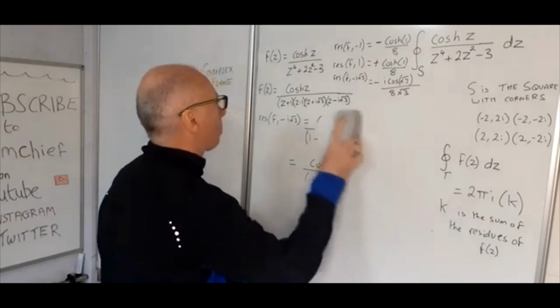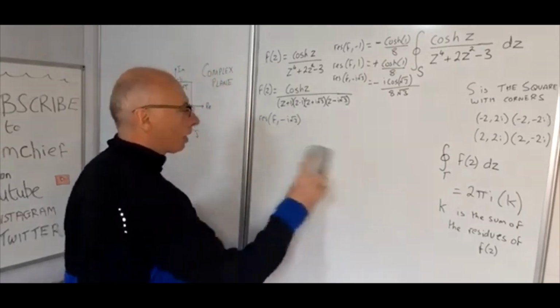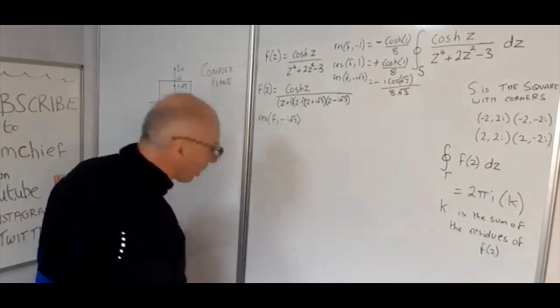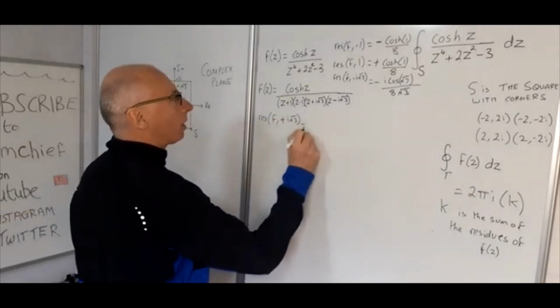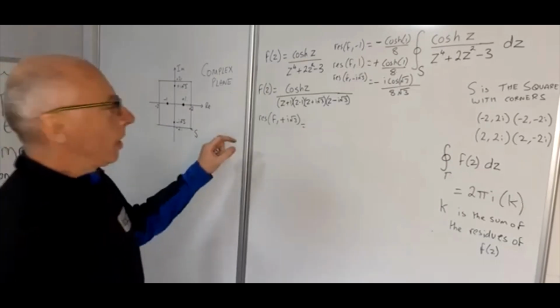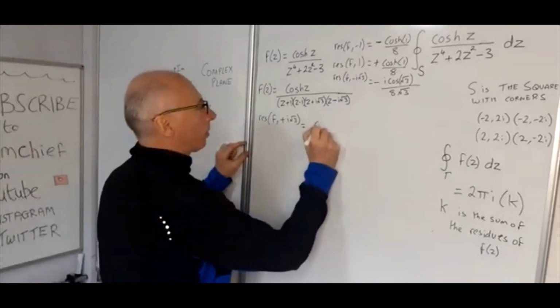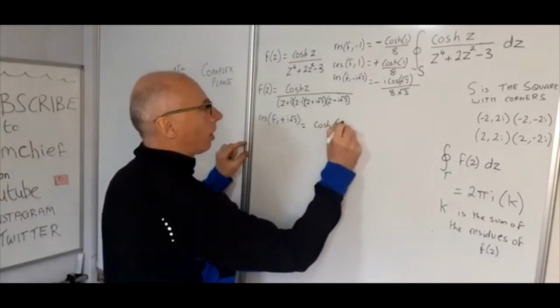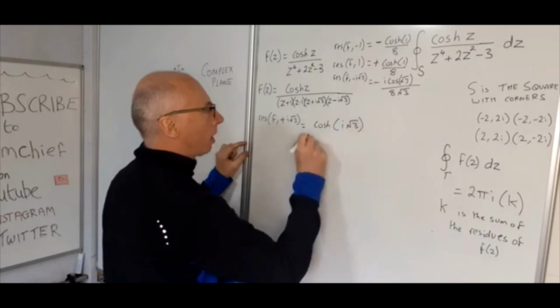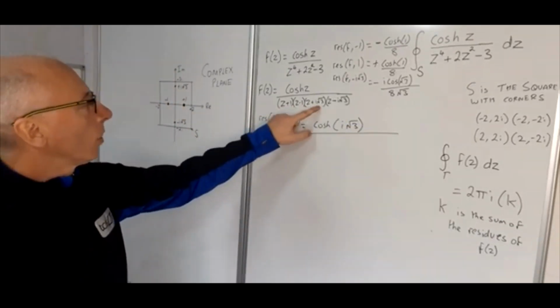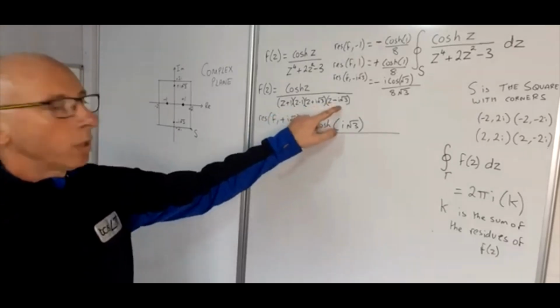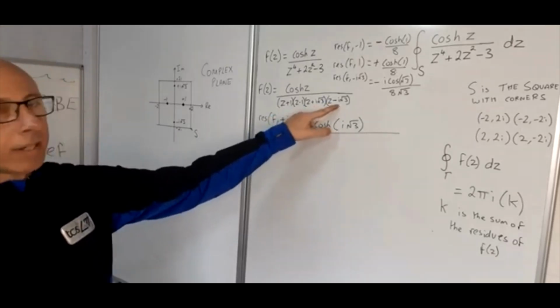Okay, so now we've got the last residue, which will be the positive version of the i root 3. So now we're going to plug in i root 3 for all of these. So we've got cosh of i root 3, which we now know how to deal with. Then i root 3 into all of these, except for this one, which then becomes the 0, which is the singularity.